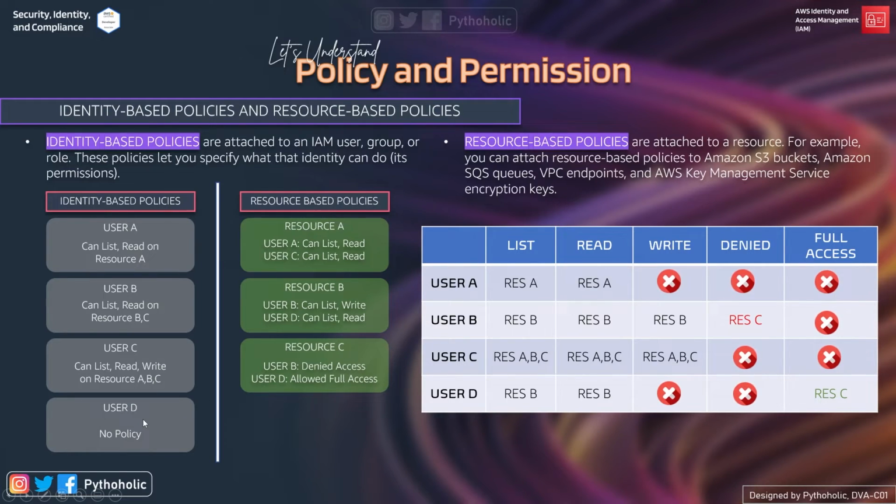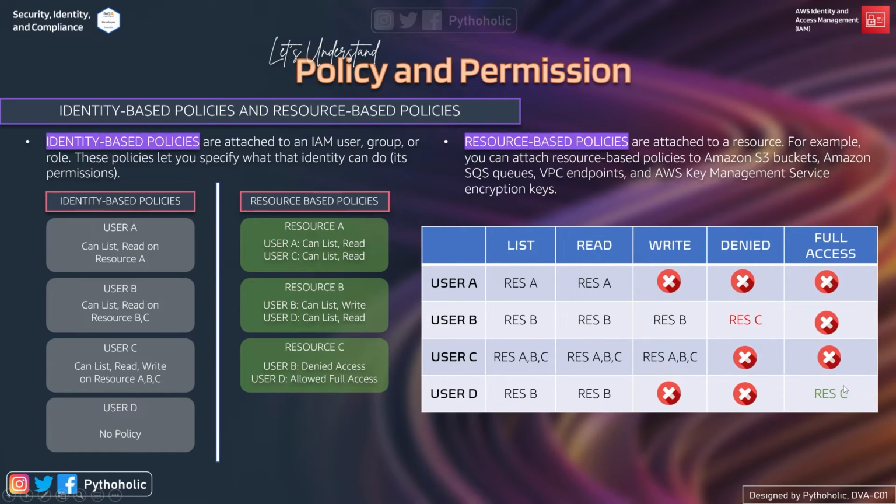Now let's come back to user D. On resource B, it can list and read. And on resource C, it has full access.